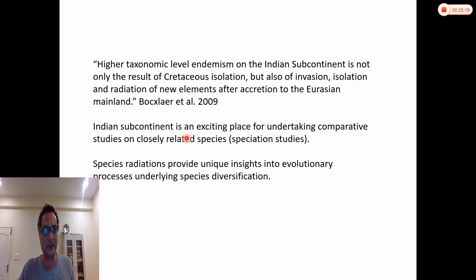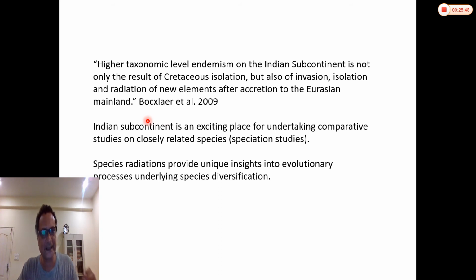For example, Bossuyt and colleagues in 2009 say that higher taxonomic level endemism on the subcontinent is not only the result of Cretaceous isolation, but also invasion, isolation, and radiation, right? Of new elements after accretion to the Eurasian mainland.